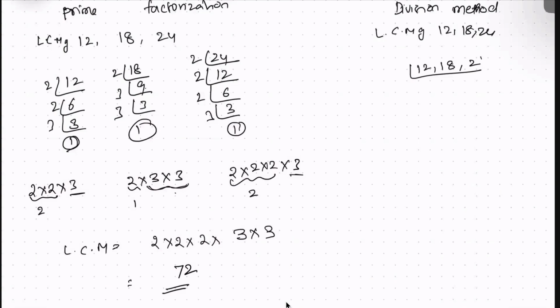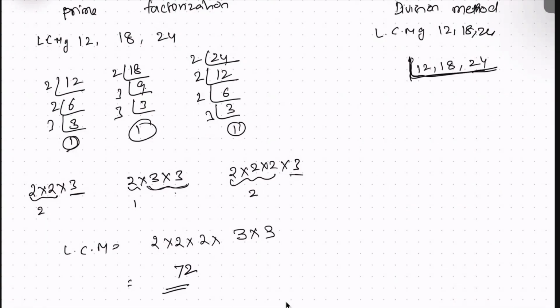The division method here is a little different. What you have to do is write down all the numbers comma separated and start dividing with the least prime factor. It is similar to prime factorization. Select a prime factor that can easily divide more than one number.